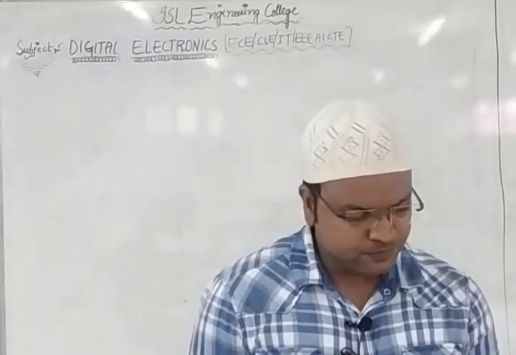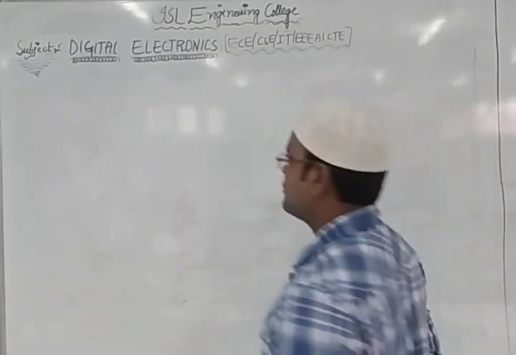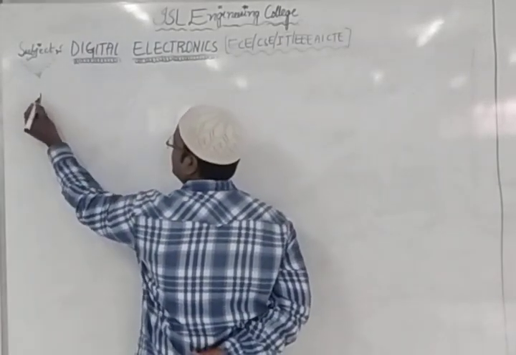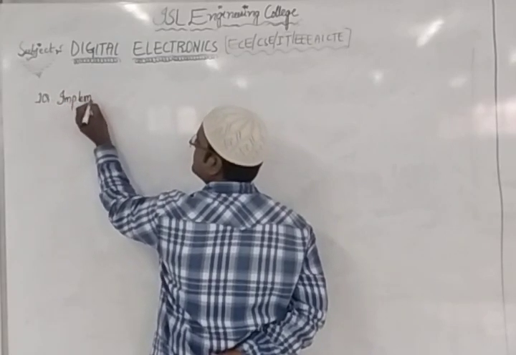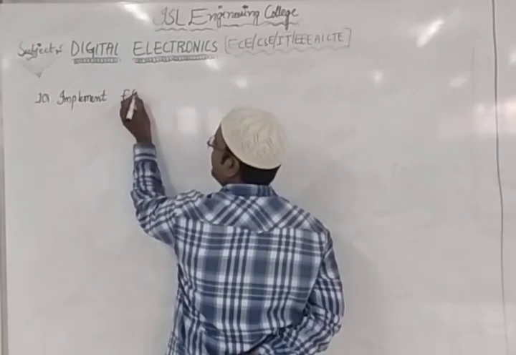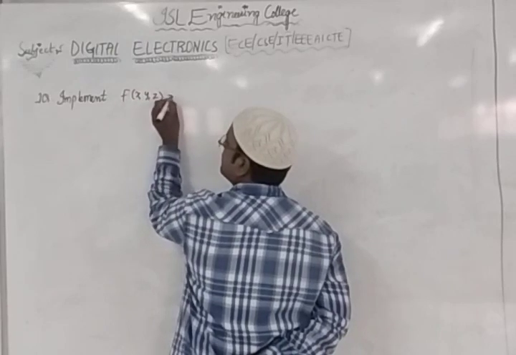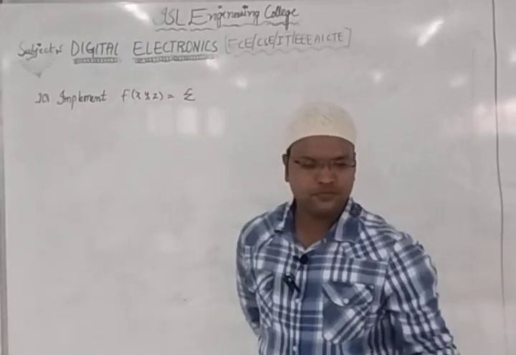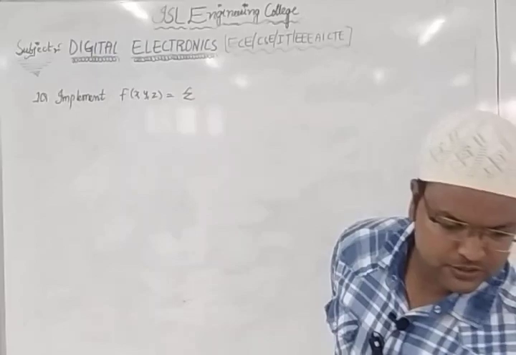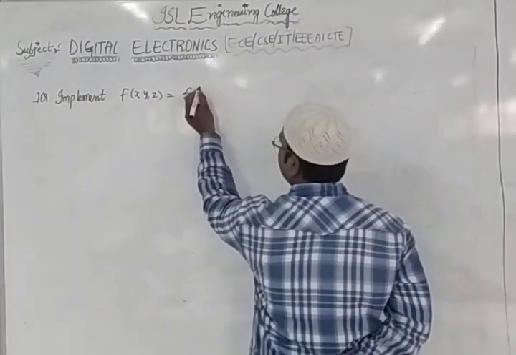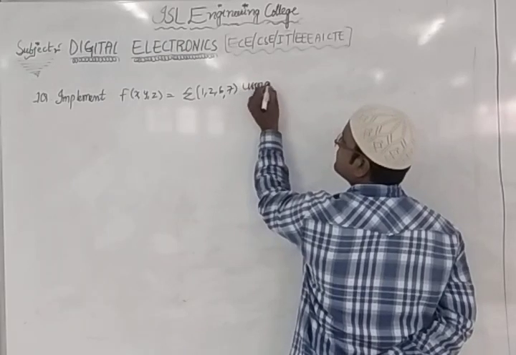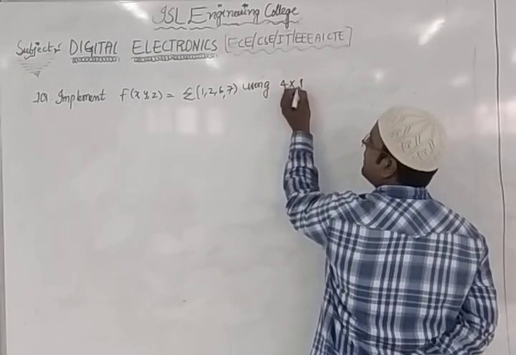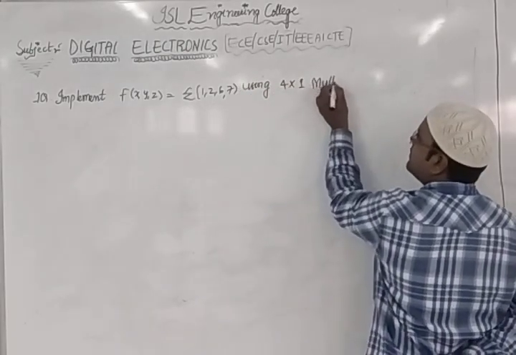So they gave one question: implement f of x comma y comma z is equal to summation 1, 2, 6, 7 using a 4:1 multiplexer.